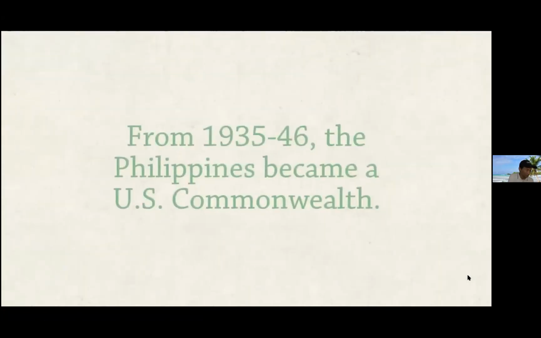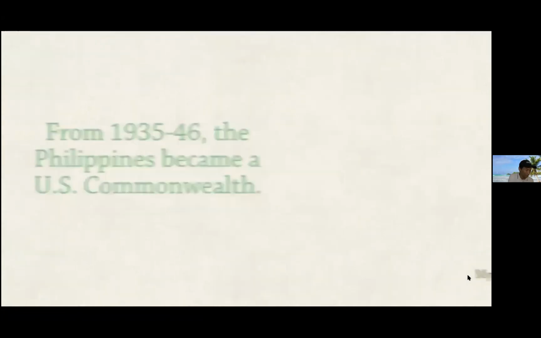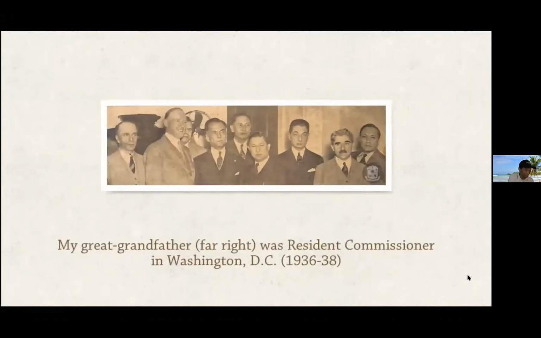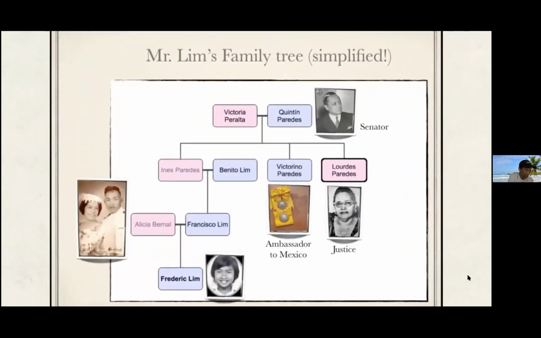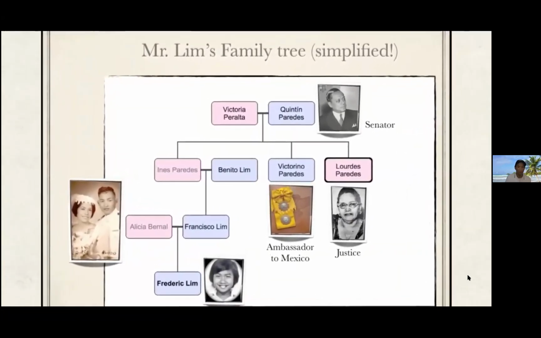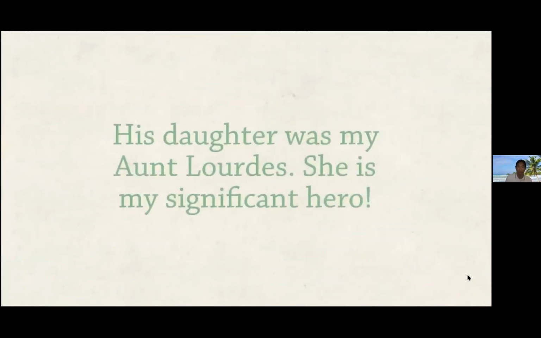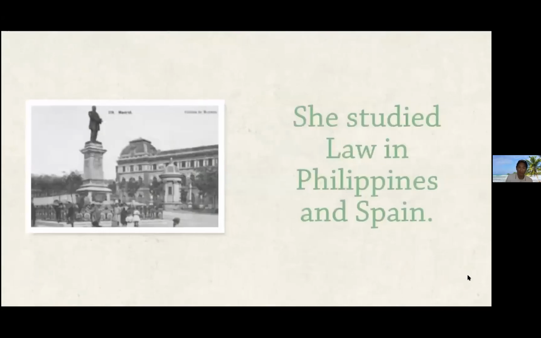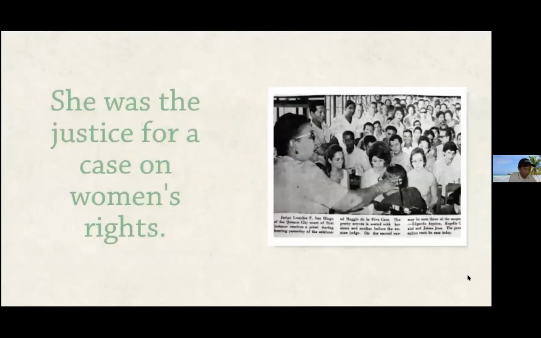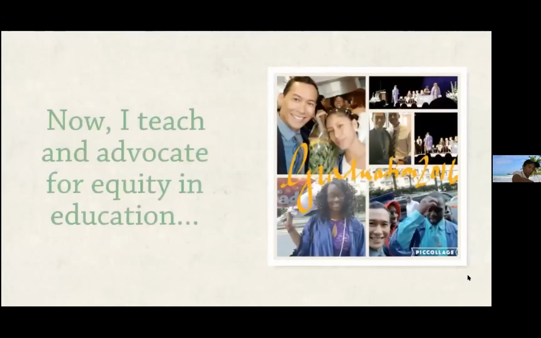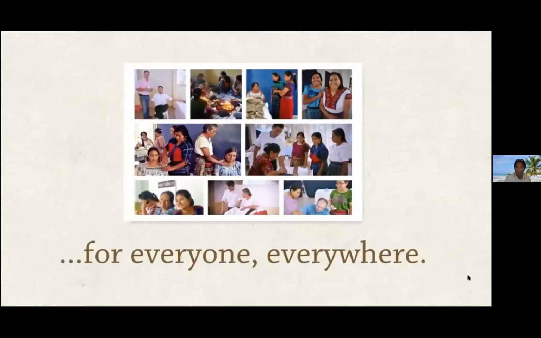Before World War II, the Philippines became a U.S. Commonwealth. My great-grandfather represented the Philippines in Washington, D.C. He was my father's grandfather, who had a daughter named Lourdes. Lourdes is my significant hero. She studied law in the Philippines and Spain, and she became a justice for women's rights. Now I teach and advocate for equity in education, for everyone, everywhere.